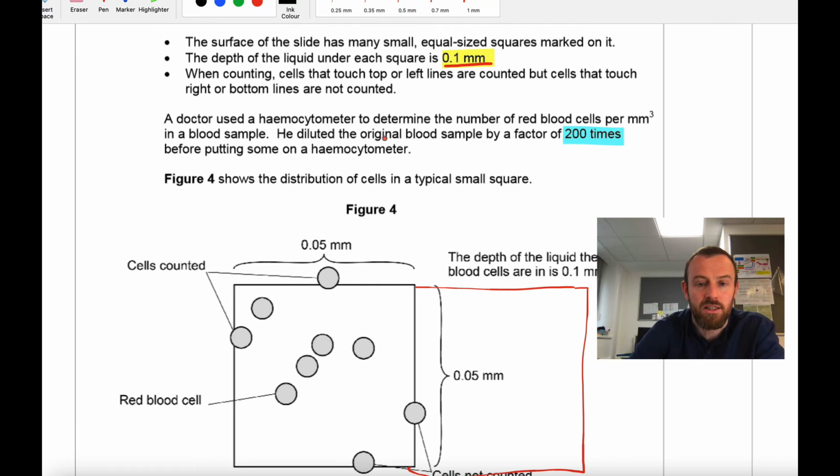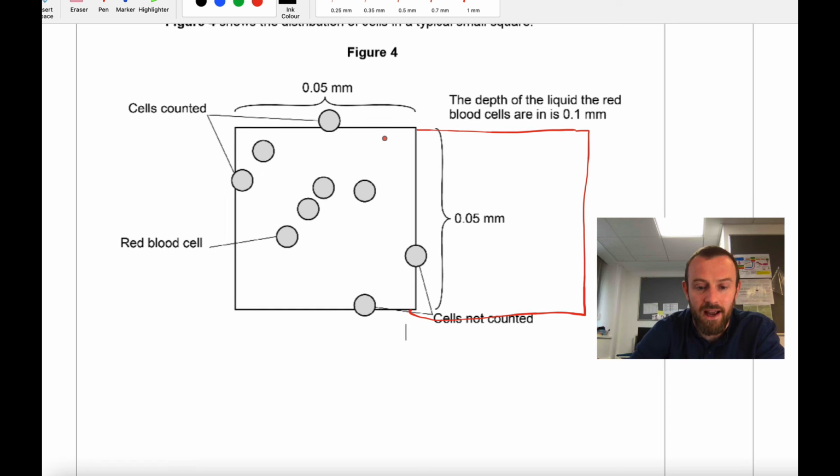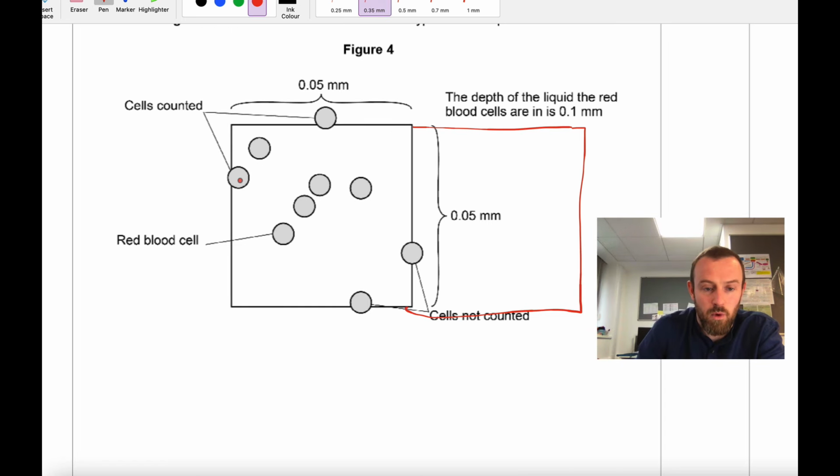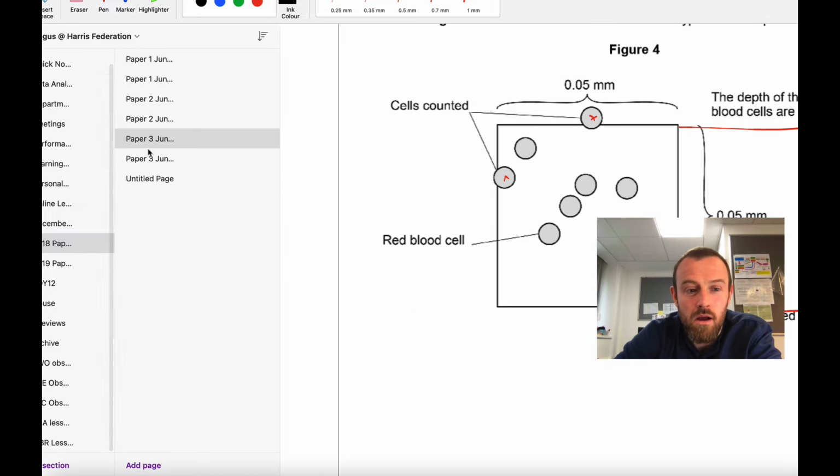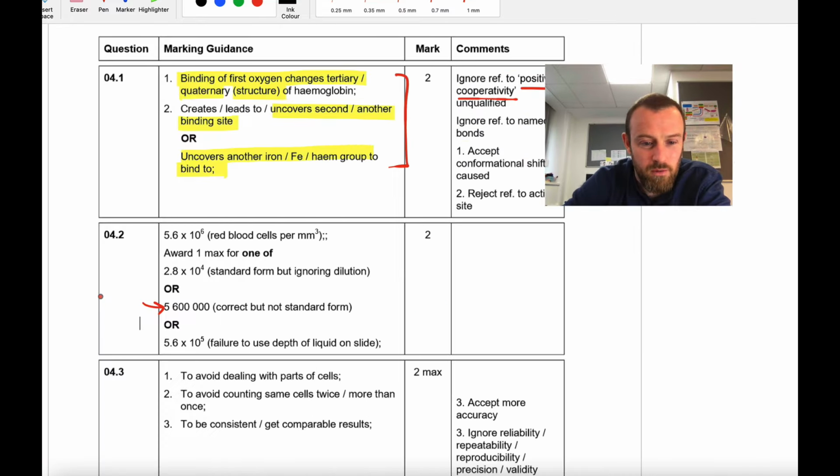Cells touching the top or left lines are counted, so this one would be counted in this square, but this one would not be counted in this square. If you were counting the square to the right, it would be counted in that square. So it's to avoid double counting, and it's a standardization of the procedure, is what I would say. I haven't seen this type of question before, so we will have to check.